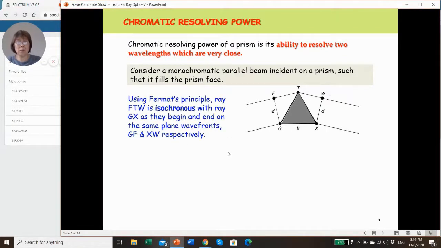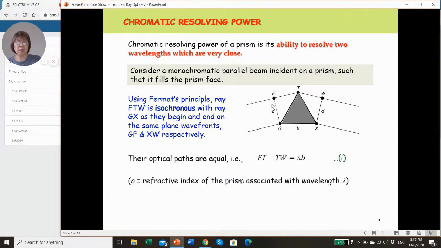Using Fermat's principle, ray FTW would be isochronous with ray GX here because they begin and end on the same wavefronts, which are GF and XW. Their optical paths then are equal, that is, FT plus TW would equal N times B, where N is the refractive index of this prism associated with a wavelength lambda.